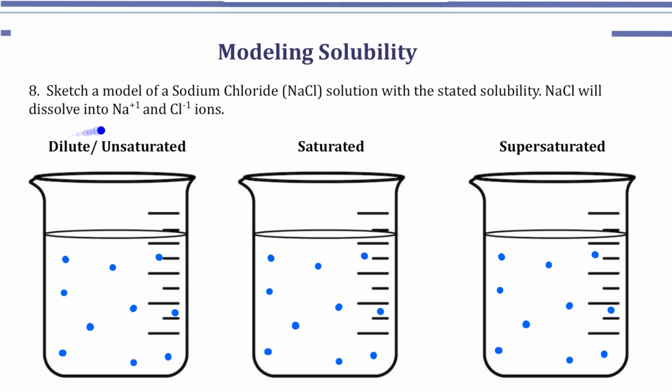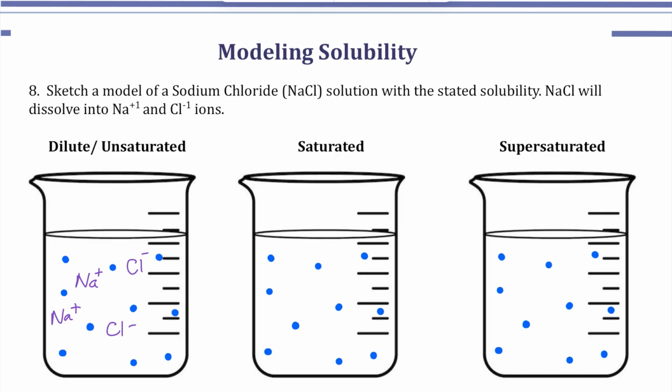If we are going to model a dilute or an unsaturated solution, that means that we are going to have not a lot of that solute. So I want to maybe put in just maybe 2 of each of those ions. And so kind of showing that there is room for more to be dissolved, but that there is some dissolved in that water.